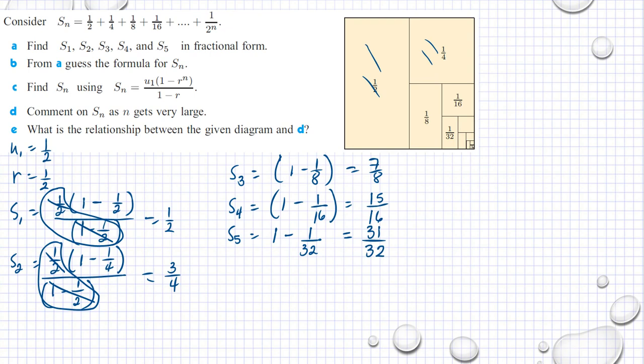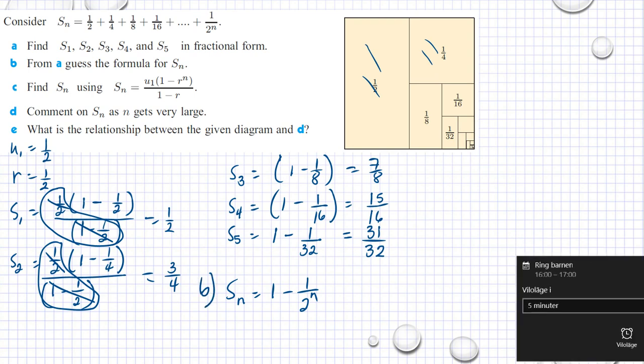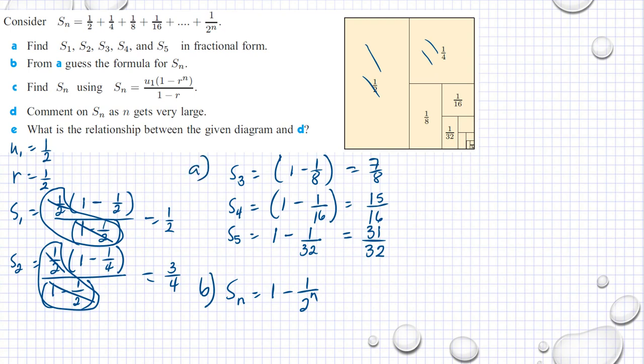To guess the formula for S sub n, our S sub n is equal to 1 minus 1 divided by 2 raised to n. This is our A. Now our C: find S sub n using the formula.